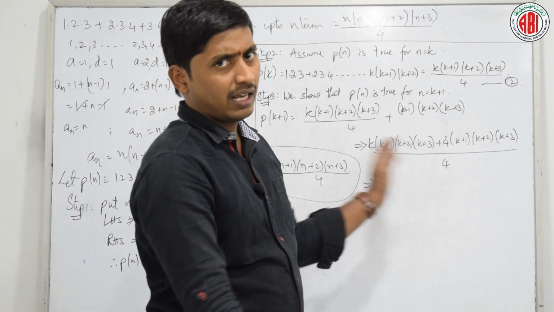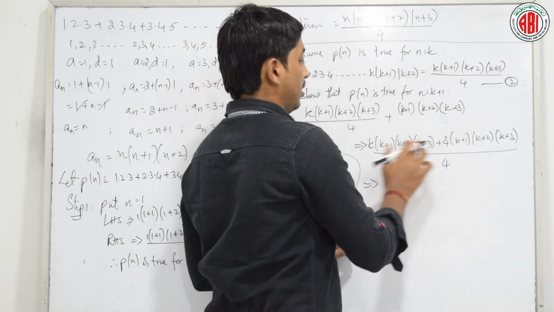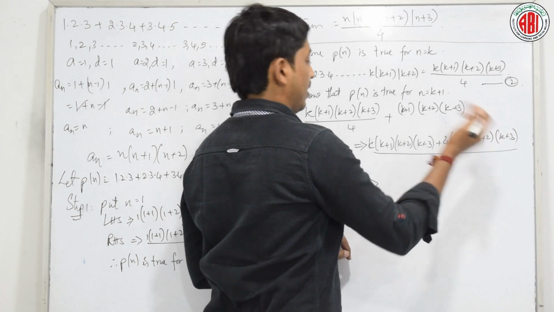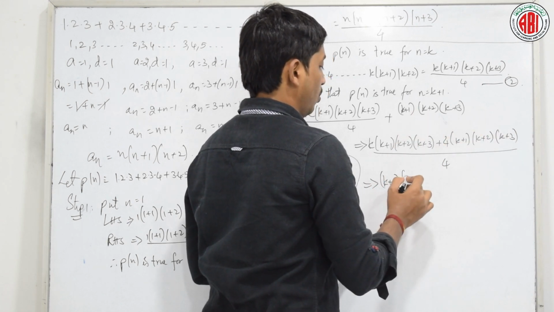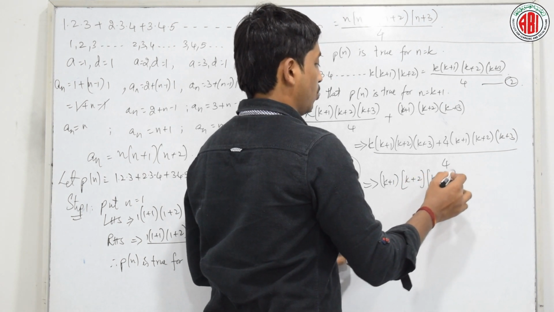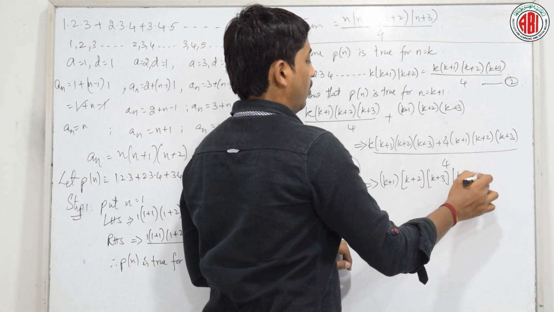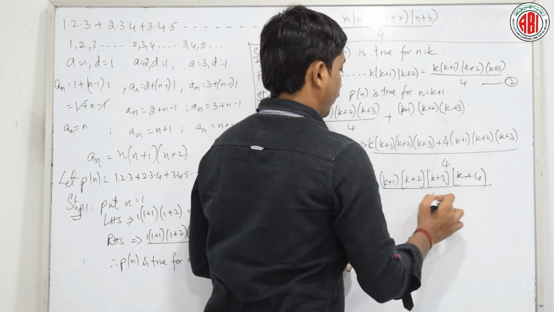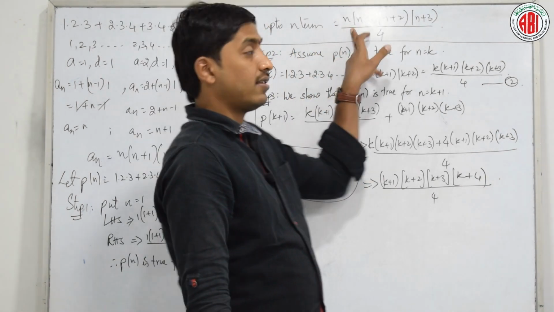Let us take everything that is common in both the terms. k plus 1 is common, k plus 2 is common, k plus 3 is also common. This will become k plus 1 into k plus 2 into k plus 3 into, what are the terms left? k is left here, 4 is left here by 4. Is it right? Is it not the same as it is in the question?